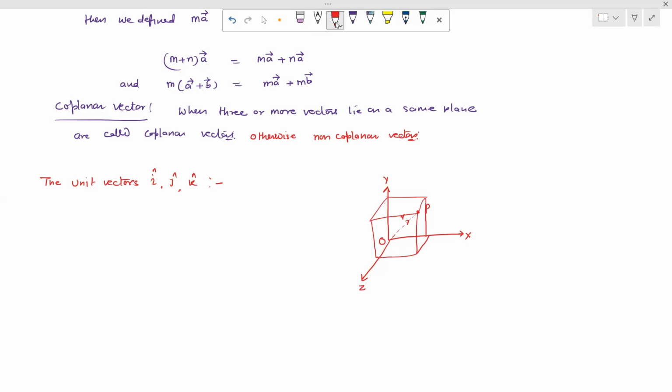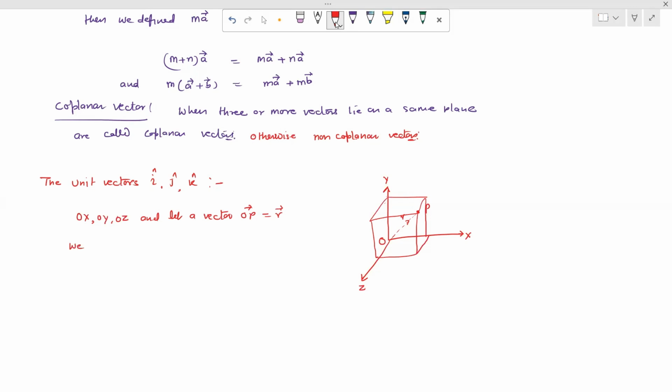So we take three axes, OX, OY, OZ, and let vector OP be equal to vector r. OP equal to r.